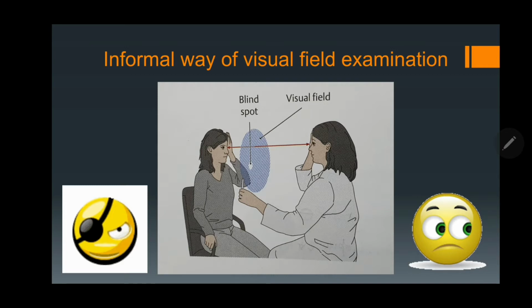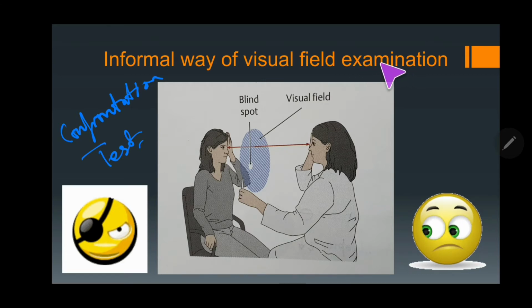In the informal way, the subject and the examiner sit opposite to each other, close by, facing each other, and this test is called the confrontation test.